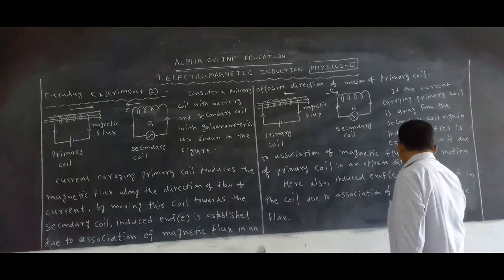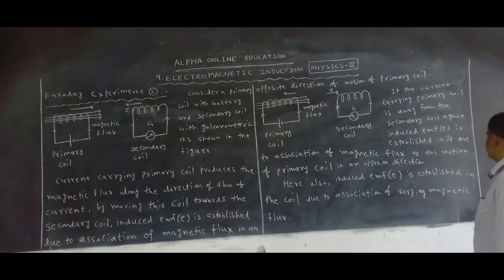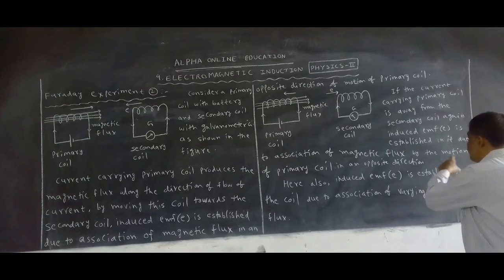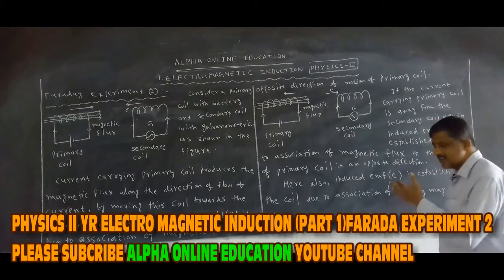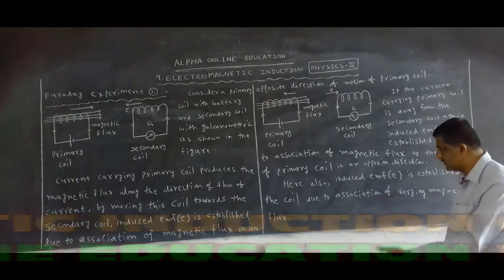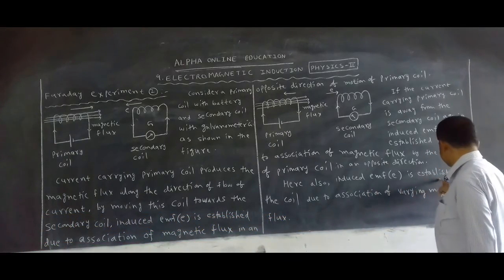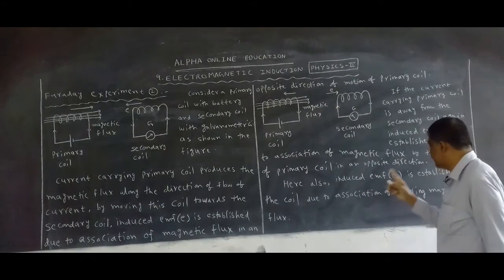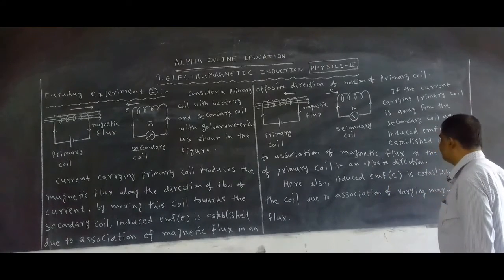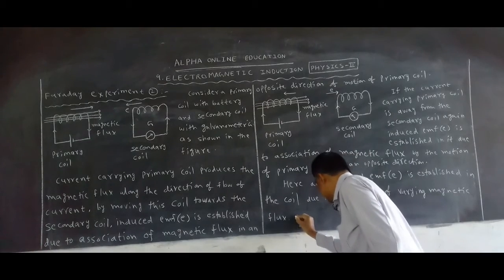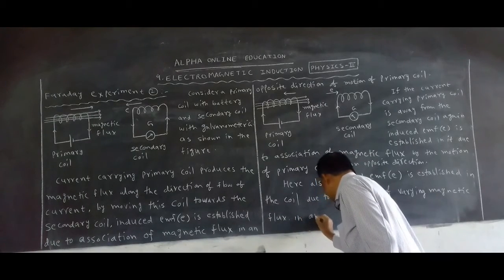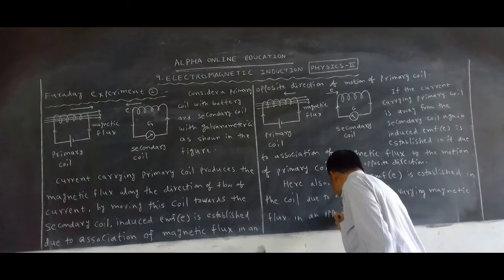This happened. The induced EMF is established due to the association of magnetic flux by the motion of the primary coil in an opposite direction. In this experiment also, the induced EMF is established in the coil due to the association of magnetic flux in an opposite direction.